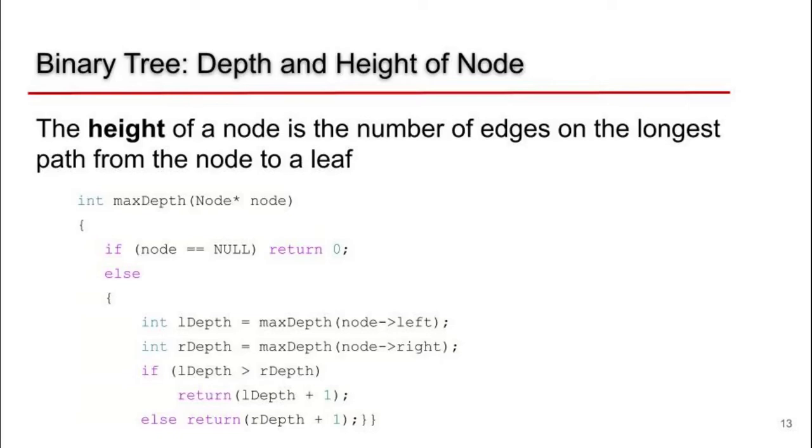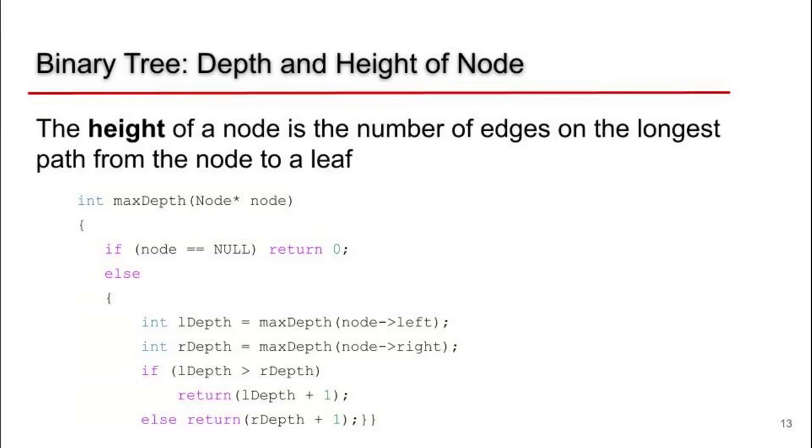So in this case it will depend on the order of execution, as long as they are equal. The max depth, or the height of this tree, is measured from this root. In the iteration, first of all, it'll check the call of this max depth. Is it null? No. So it will not return 0. It will go to here.